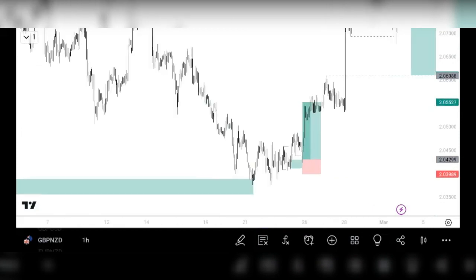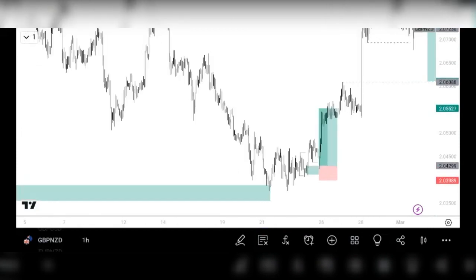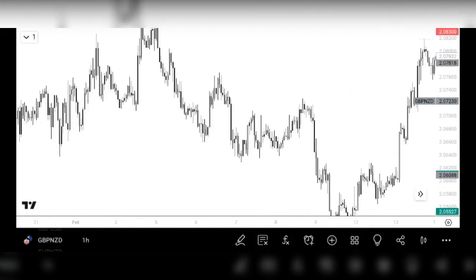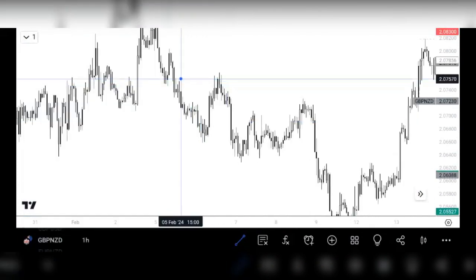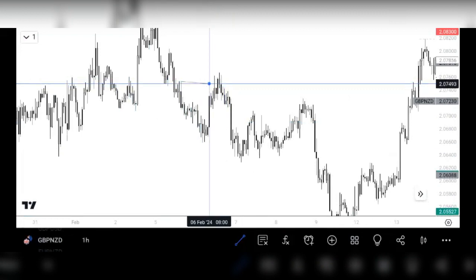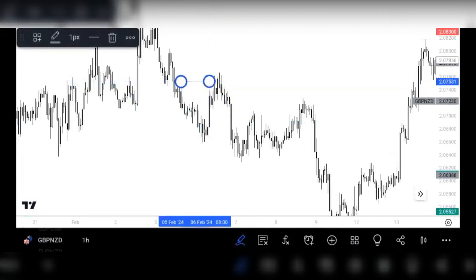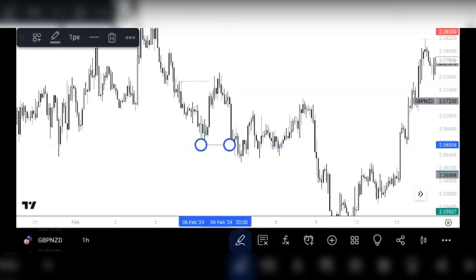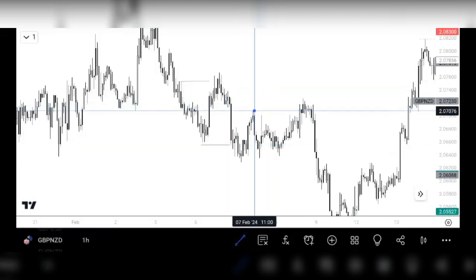Now let's quickly take a look at other examples of this SBI and you see how it works. Now look at this particular one. We have a sweep of liquidity. We have a break of structure at this point. Then we have our inducements at this point.